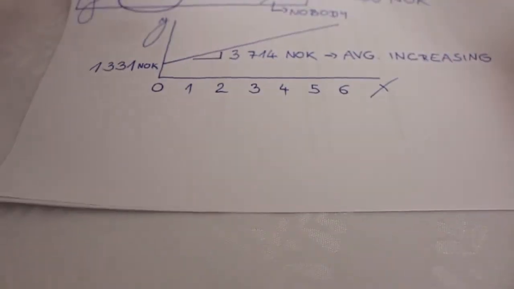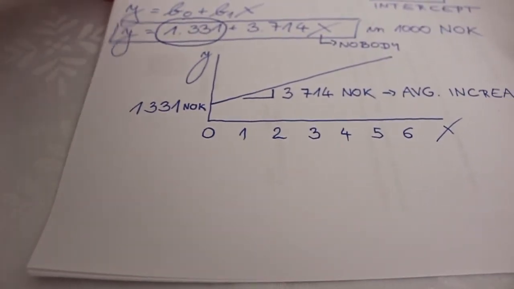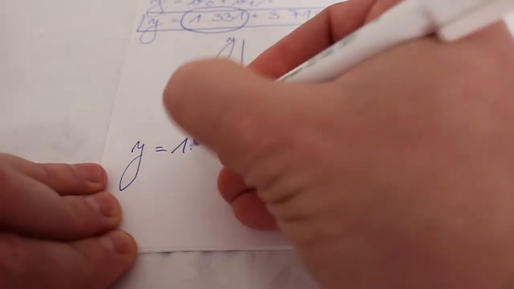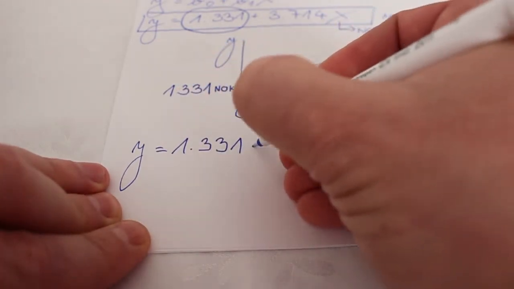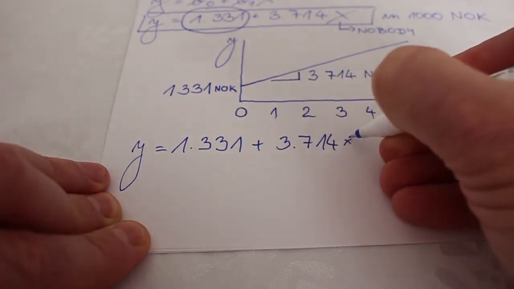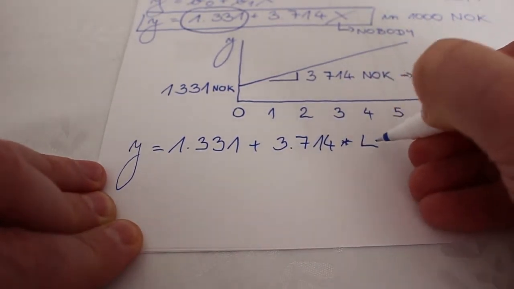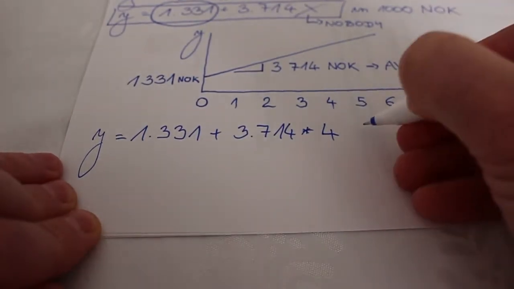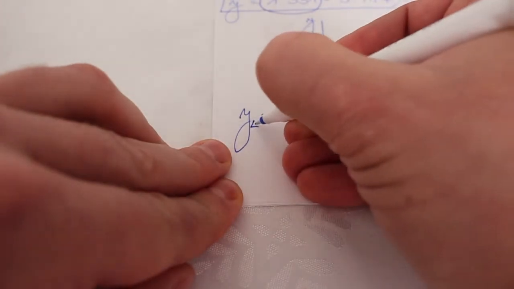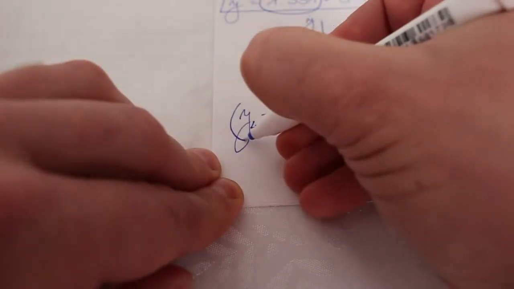And now I will use my model and calculate my expectation. y is equal to autonomous expenditure 1.331 plus 3.714 times 4 members in the house. So this y is for 4 members.